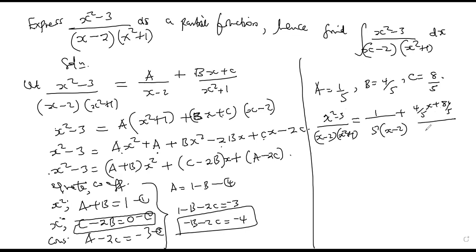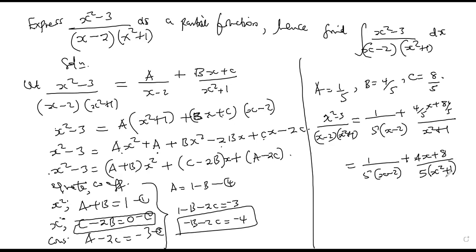Then everything is over x squared plus 1. So the whole thing reduces to 1 over 5 into x minus 2, plus 4x plus 8 out of 5 into x squared plus 1.